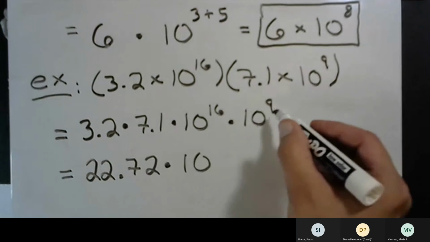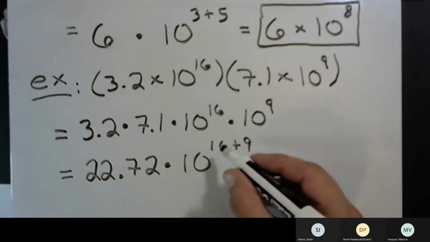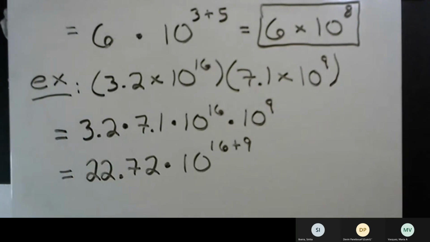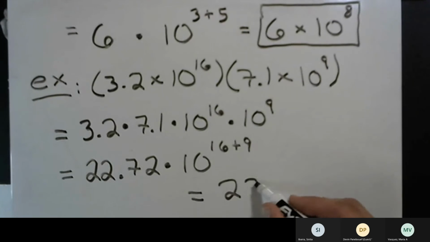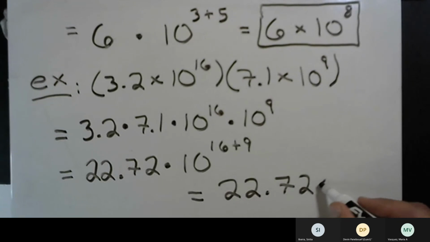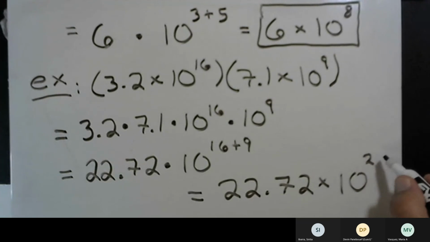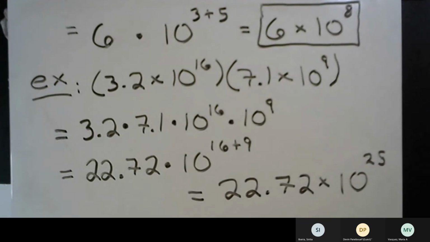And then we're going to add the powers of 10, treating these like this is an x to the 16 and x to the 9. And so we're going to get what looks like the answer. Then we put that 10 there at the end. So, I mean, that looks like it's correct.